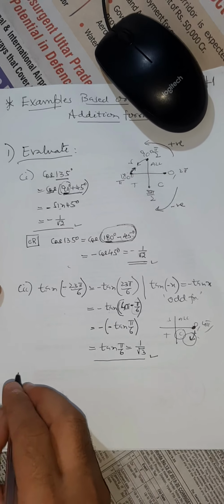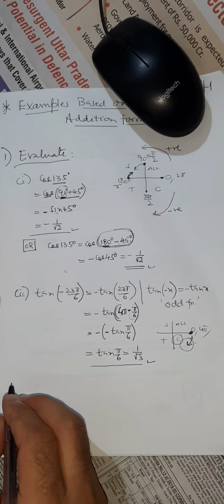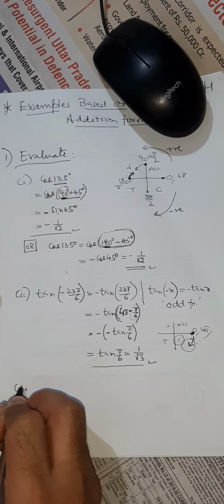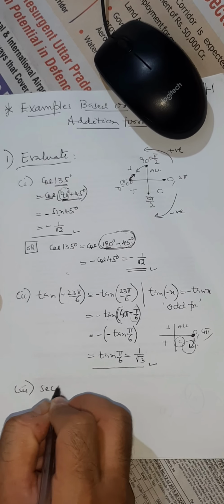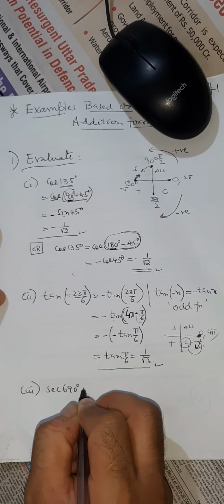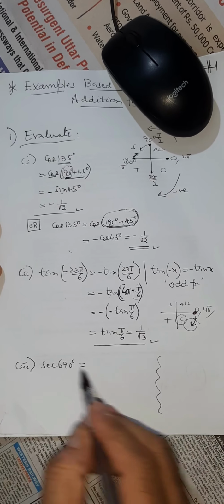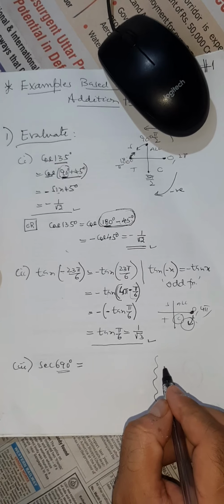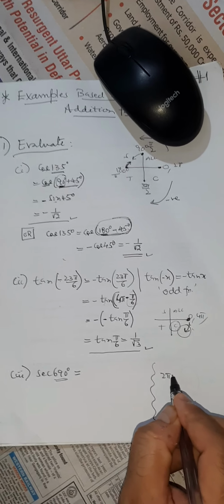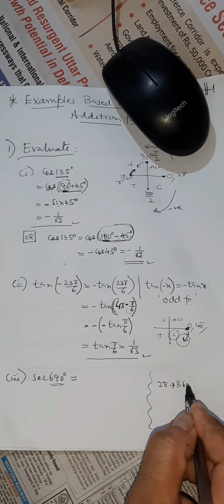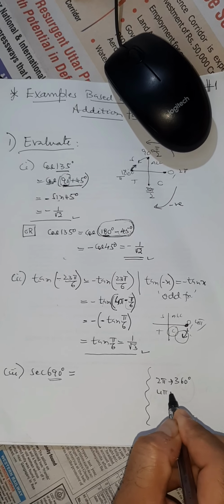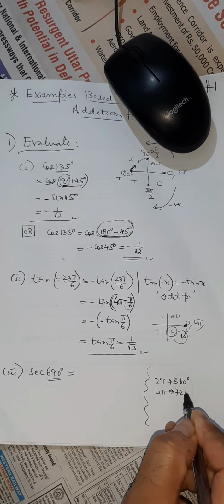This is the value. One more, let's write sec 690. Now we did such things earlier a number of times. 690 is very close to 720. 3 pi is 540, 4 pi is 720.